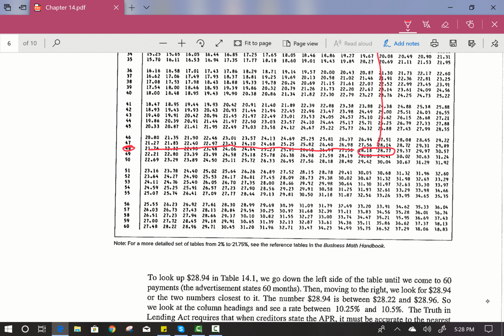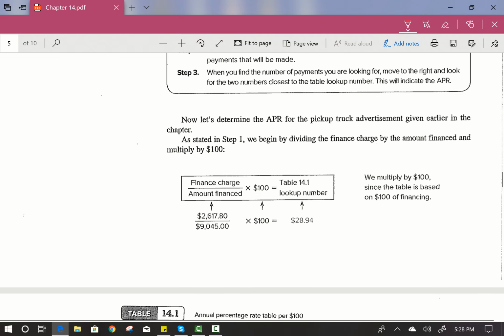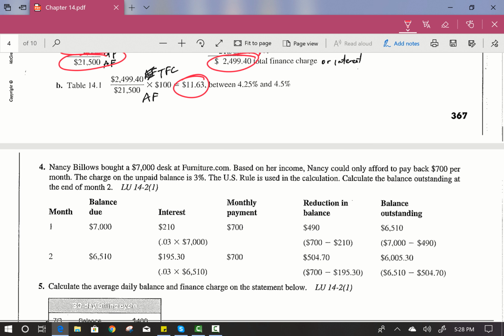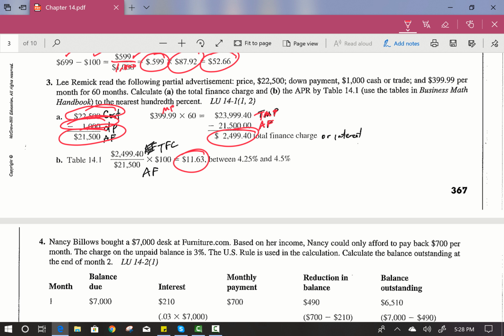My table starts a lot later, but I'm going to find the corresponding factor of 60 months and 11.63. Find the value that has two columns, and the APR will be between 4.25% and 4.5%.